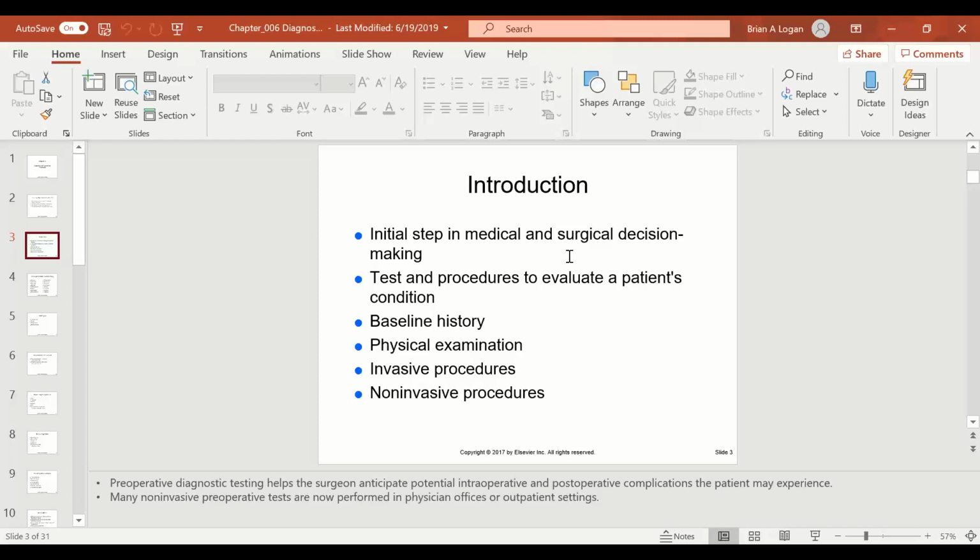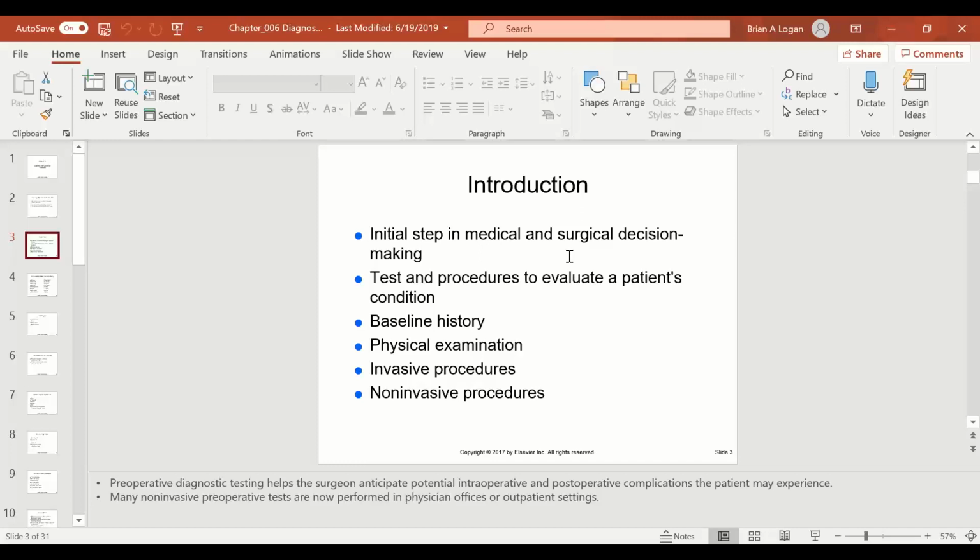Non-invasive is like X-ray, MRI, CT scan, ultrasound, getting the history, the physical exam. We're not actually breaking skin or going into the patient. We're taking pictures through them.